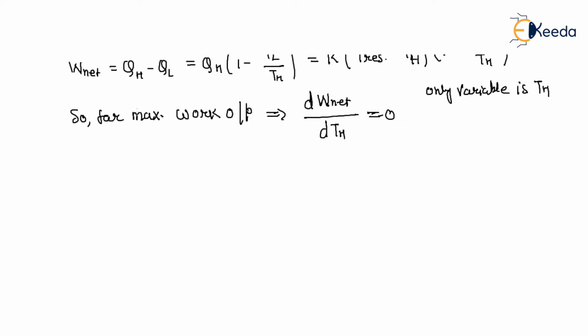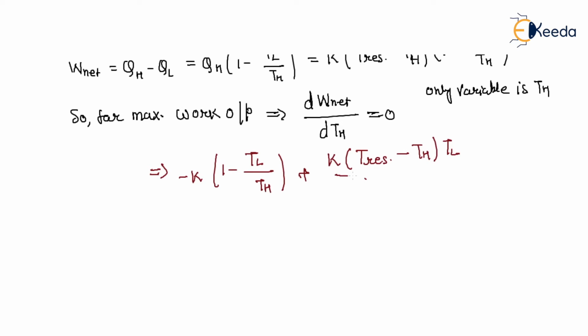Now if you differentiate it, what is the differentiation? If you differentiate it like that, the problem is now simple. Only mathematics. 1 minus TL by TH plus K into T reservoir minus TH into TL by TH square is equal to 0.